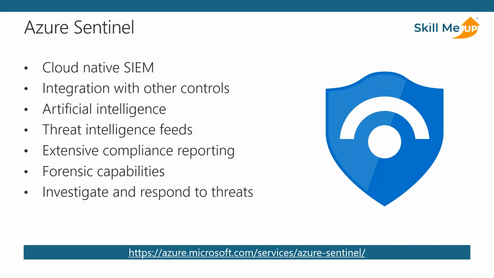Azure Sentinel is the cloud native SIEM that takes everything that is coming from Log Analytics and all of the threat intelligence that Microsoft has in play and starts bringing in the reporting and ability to investigate potential threats within your organization, and has the forensic capabilities to investigate and respond to threats.